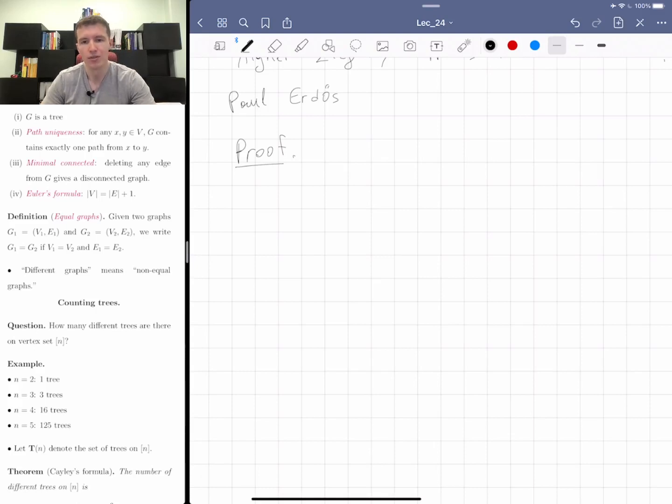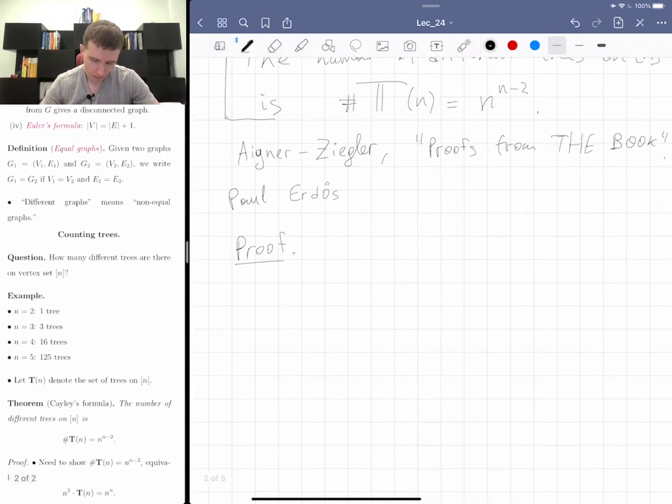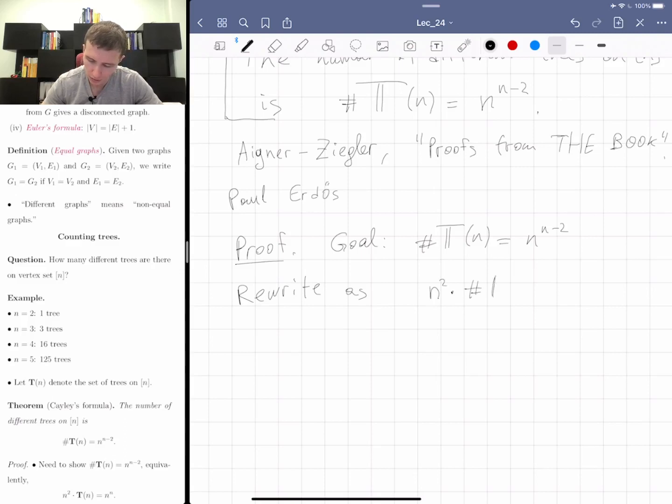So the goal is to show that the number of trees on n vertices is n to the n minus 2, which I can rewrite by multiplying both sides by n squared. n squared times the number of trees is equal to n to the n.